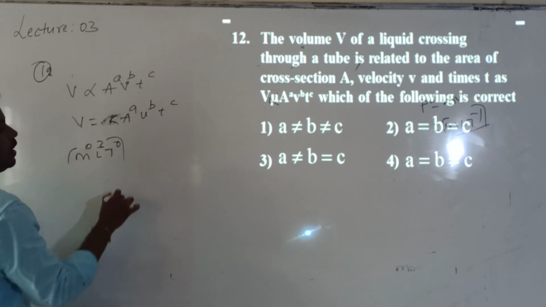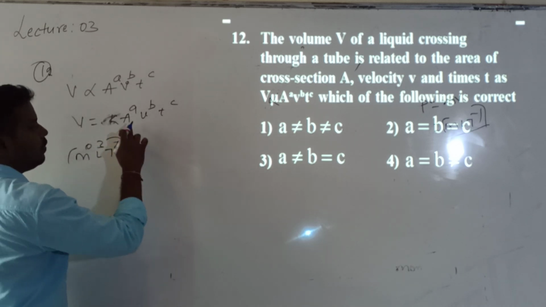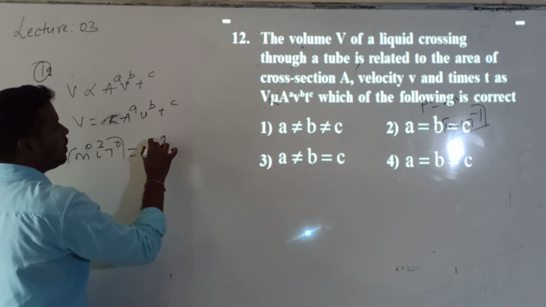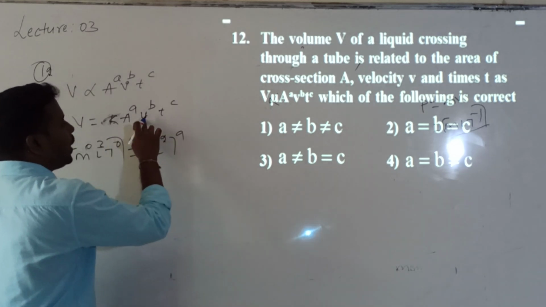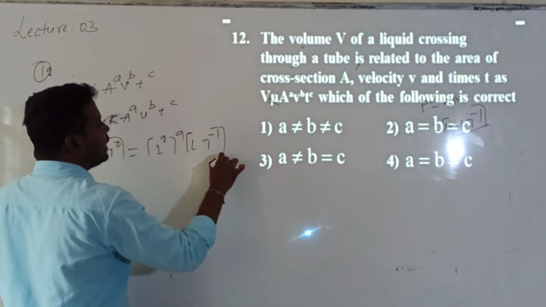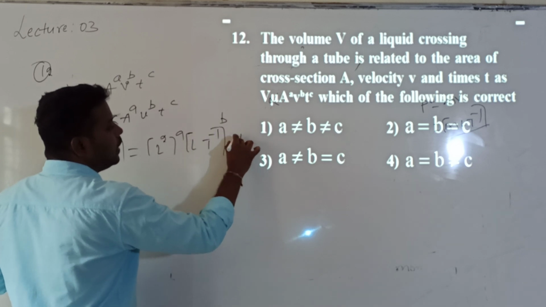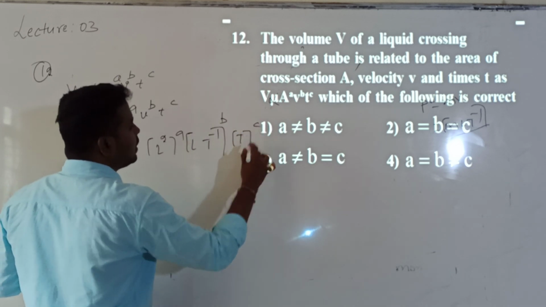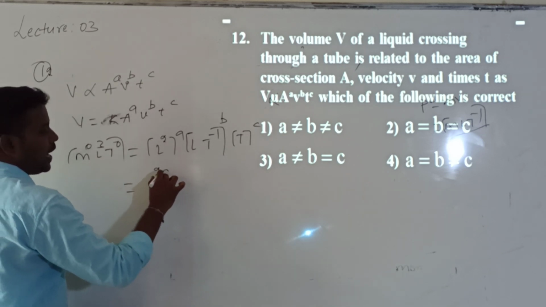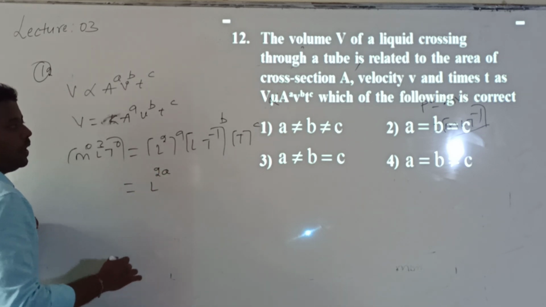K has no dimensional formula. A is the area, with dimensional formula L square whole power a. v is the velocity, with dimensional formula L into T power minus 1 whole power b, into T whole power c, which is given by L power 2a plus b.